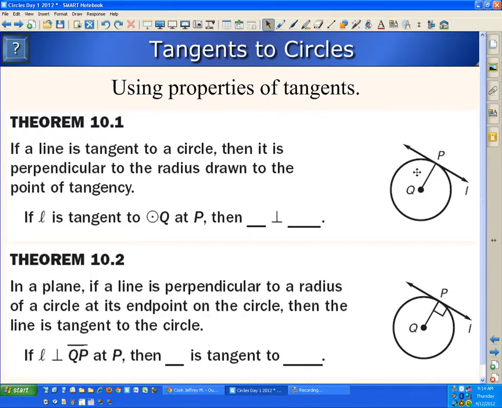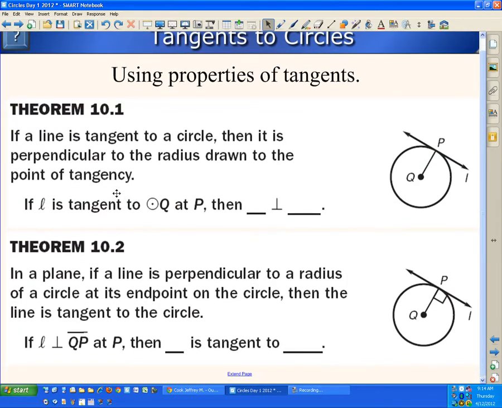So then we have a couple properties and theorems that we're going to be using in this. Get these in your notes. If a line is tangent to a circle, then it is perpendicular to the radius drawn at the point of tangency.